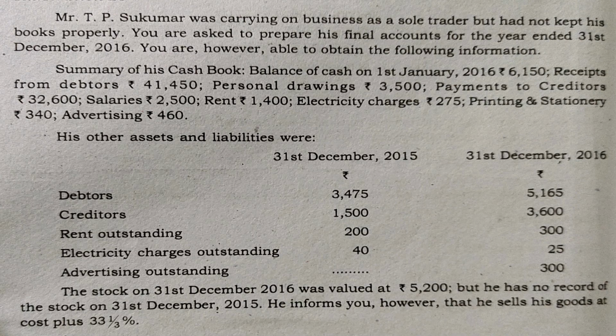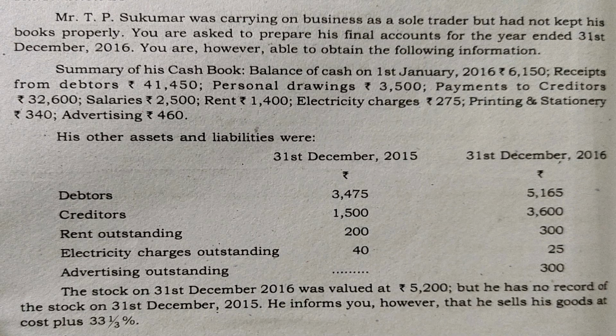So in the question they may not mention the case of a memorandum trading account. On the basis of information like this, you need to understand that you need to follow the methods or cases which we have learned under the memorandum trading account. It's very easy. There are only two equations.